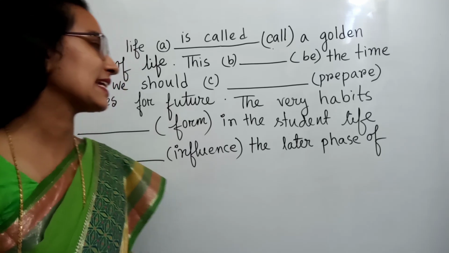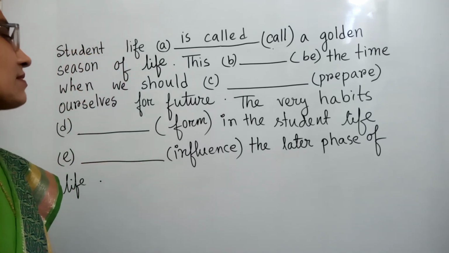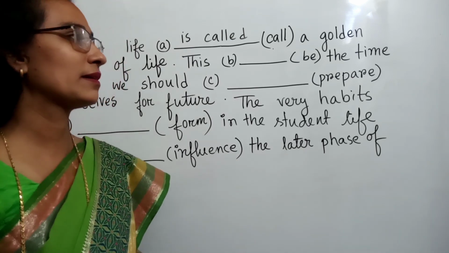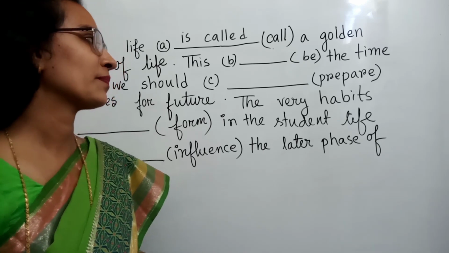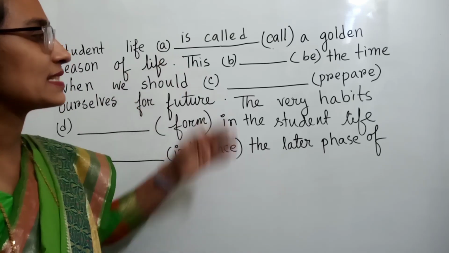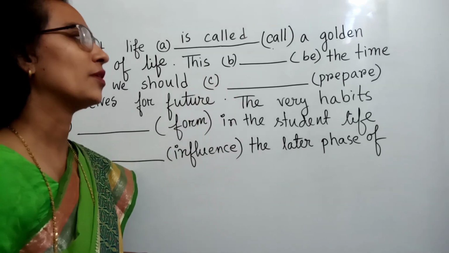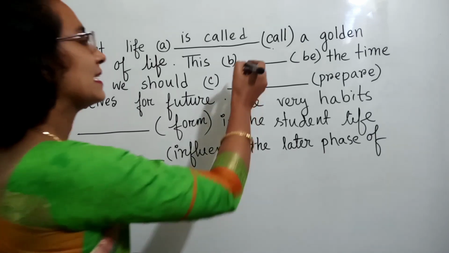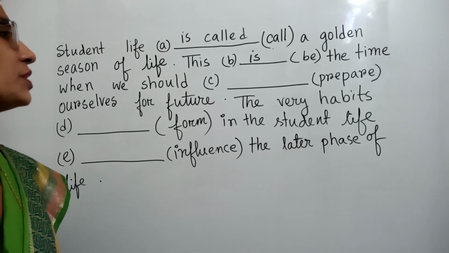The next sentence is: this be the time when we should prepare ourselves for future. From the beginning of the lecture, I told you the be verbs are am, is, are, was, were. Here this is present tense and the passage indicates a present situation, that's why we need to write the present form. And the subject is this, that's why the verb will be is. This is the time when we should.